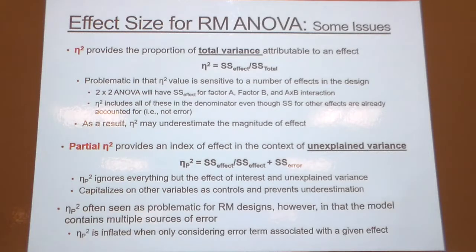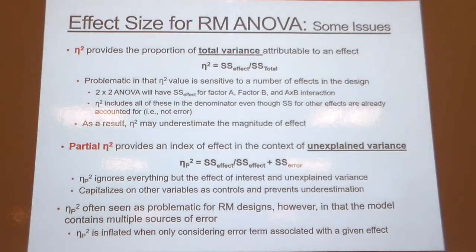But the problem is, within our repeated measures designs, we've got multiple sources of error. And we're concerned that our partial eta squared is going to be too big if we're only looking at the error term of an individual effect.